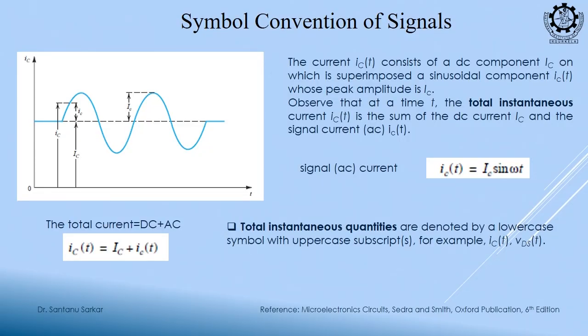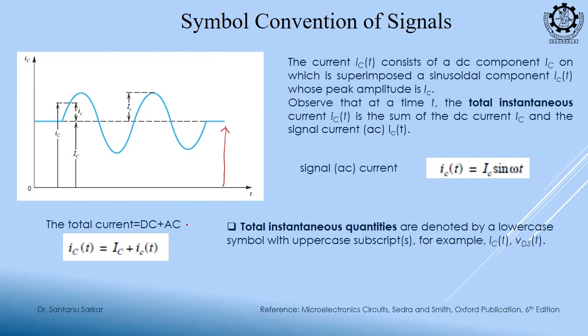Now, about terminologies. Carefully look at this signal. You can see this total current IC, suppose the collector current, has a DC component, and on top of that an AC component.